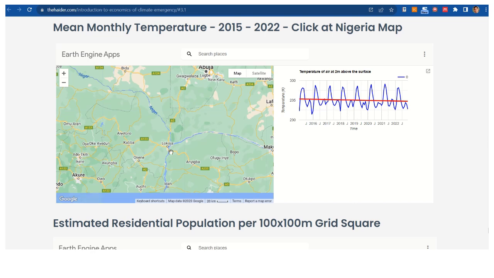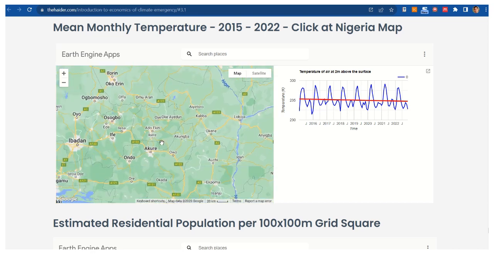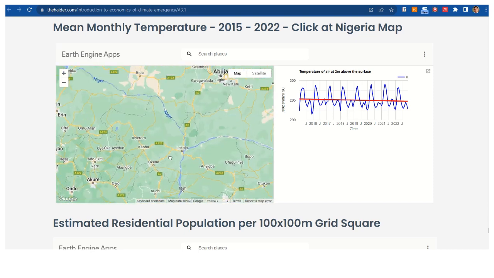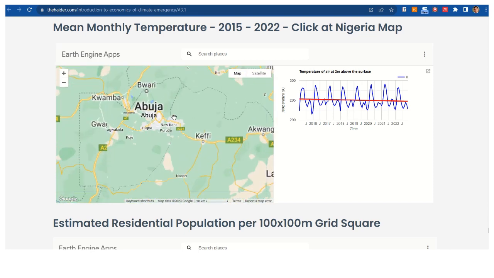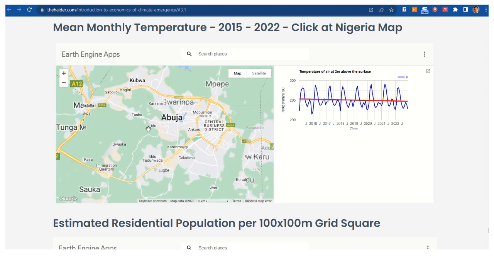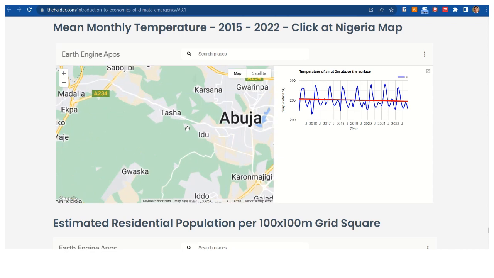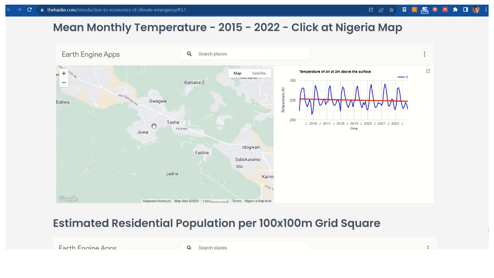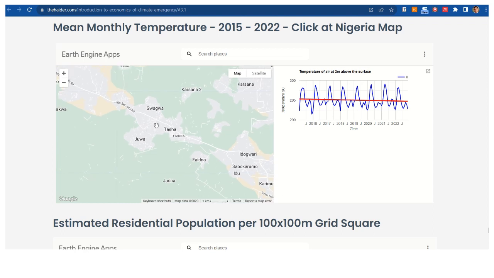But if I click some areas, like this is Abuja here, I know that this is the airport road, and this is the area where there is new construction or human activities, because of the development.